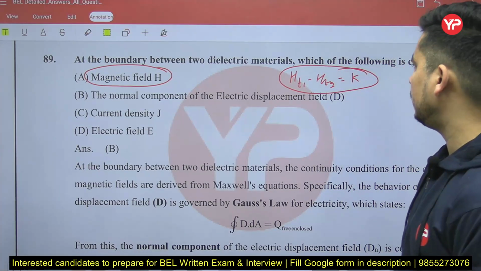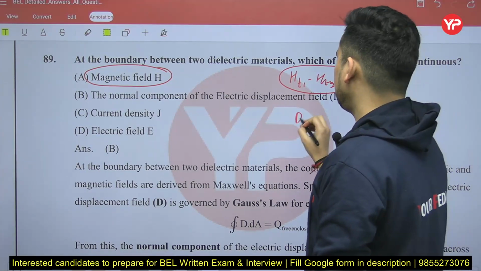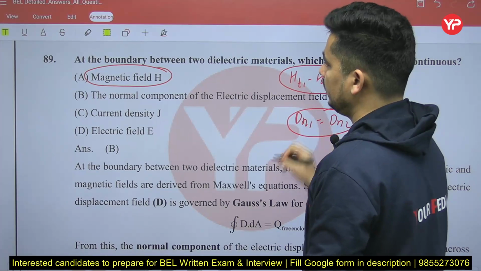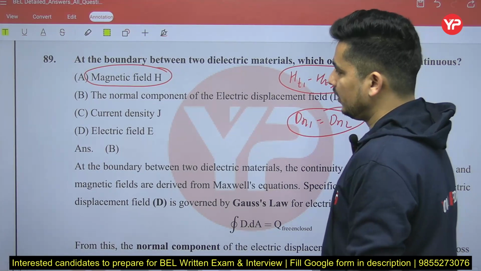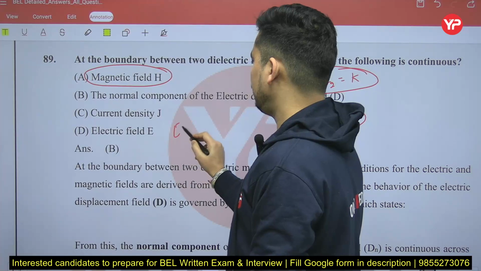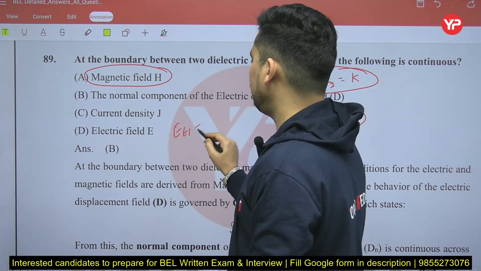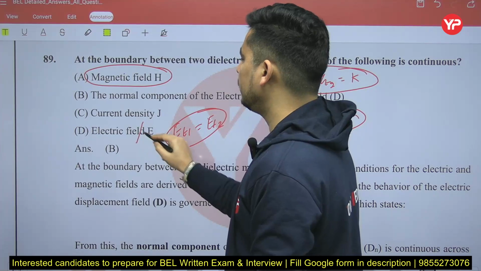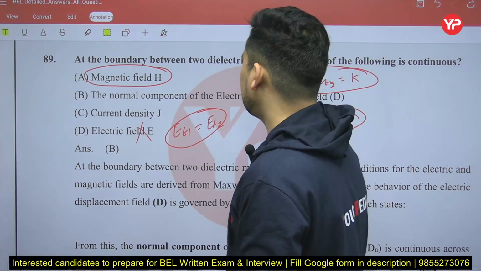Normal component of electric, yes. Basically Dn1 is equal to Dn2 in the dielectric medium. Current density and electric field: tangential component of electric field, not the complete electric field. Et1 is equal to Et2, but the complete electric field will not be the same on both sides.